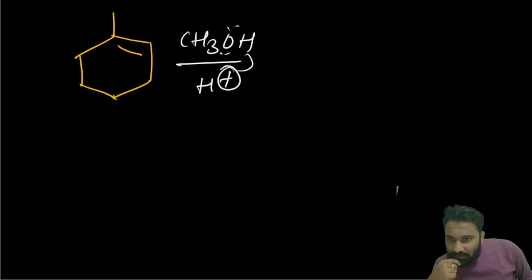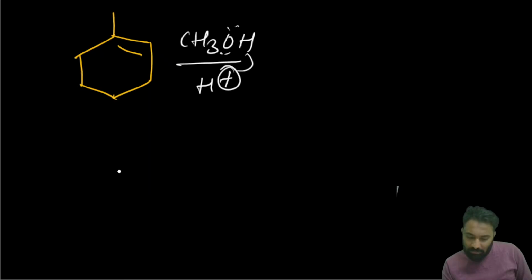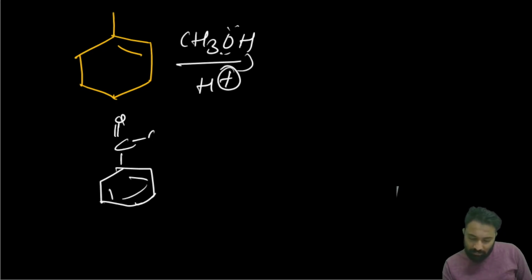For your question, B is the acetophenone, and B upon Br2 in the presence of FeBr3.